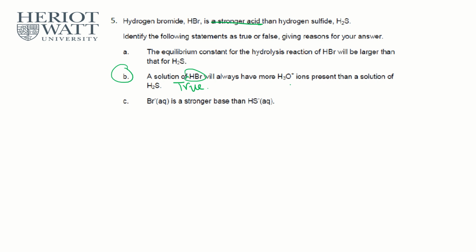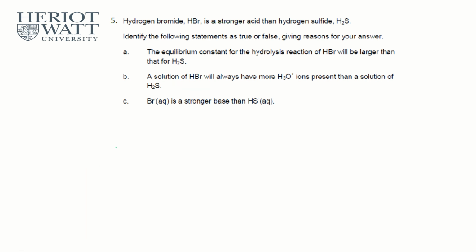H plus is the same as H3O plus, and HBr always has more H3O plus in the solution. It is true. Okay, so what would be your answer here? First, true, and then give a reason for your answer. HBr is a stronger acid, hence more dissociation into H plus. Therefore, the concentration of H3O plus is higher than for H2S. Simple. All right, that's for B.